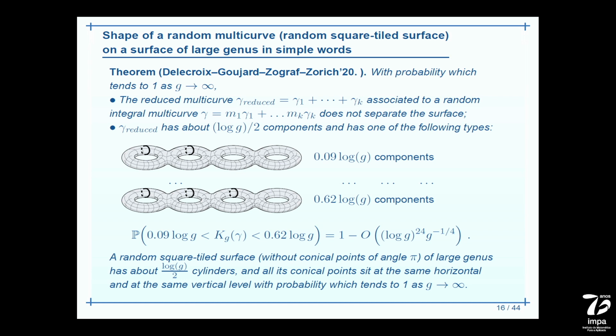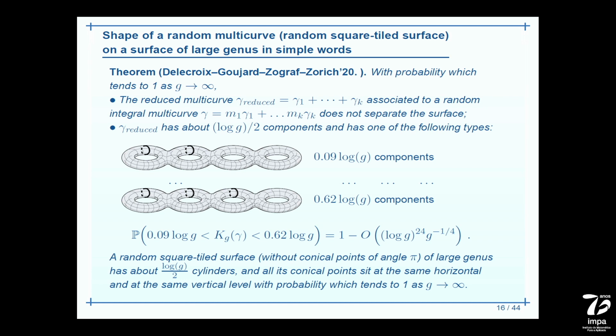So we've already heard here that log is not a function, it's a constant, and not such a large constant. I don't know whether anybody had experience of working with surfaces of genus larger than 10,000. For me, it was the maximum. We made the experiments with surfaces of genus 10,000, but for 10,000, log g over 2, it's nothing. So there are just like 6, 7, or 8 components with very high probability.